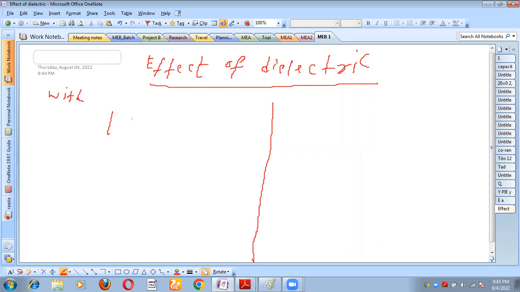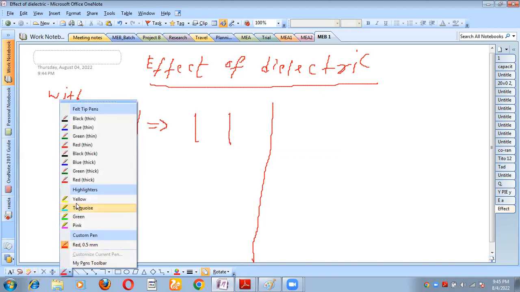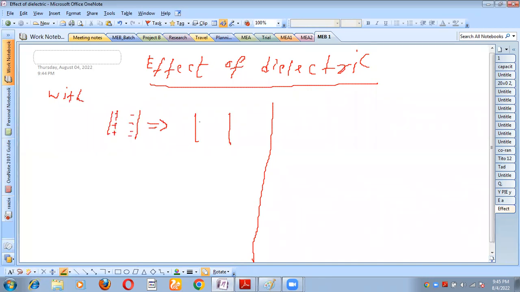Suppose we have a capacitor which is fully charged, and you insert a dielectric between the plates of the capacitor.